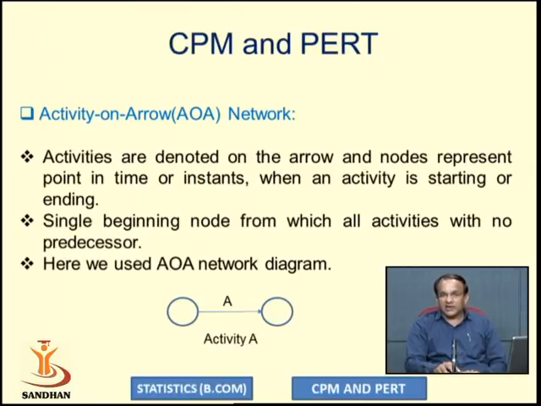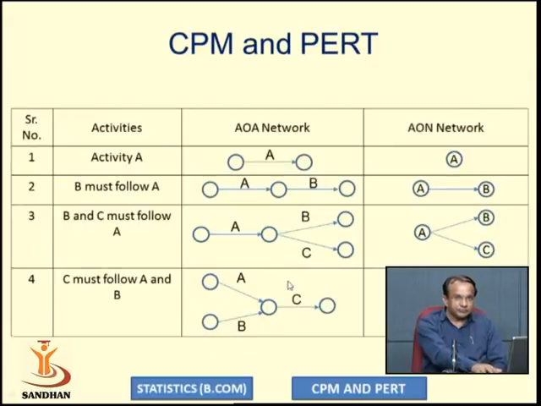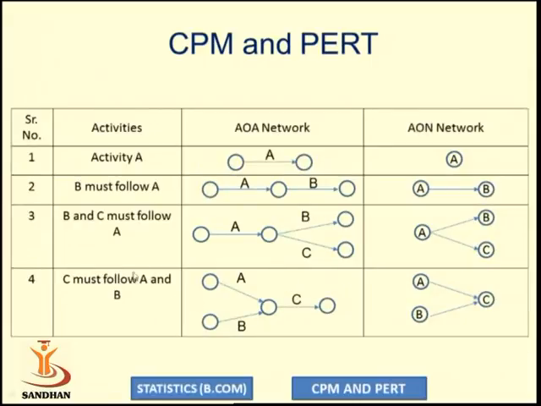Here in the AOA network diagram, the activity is represented on the arrow. Let us compare the two network diagrams, the AOA network diagram and the AON network diagram. Activity A is denoted on the arrow, while in the AON network diagram the activity is represented on a node.